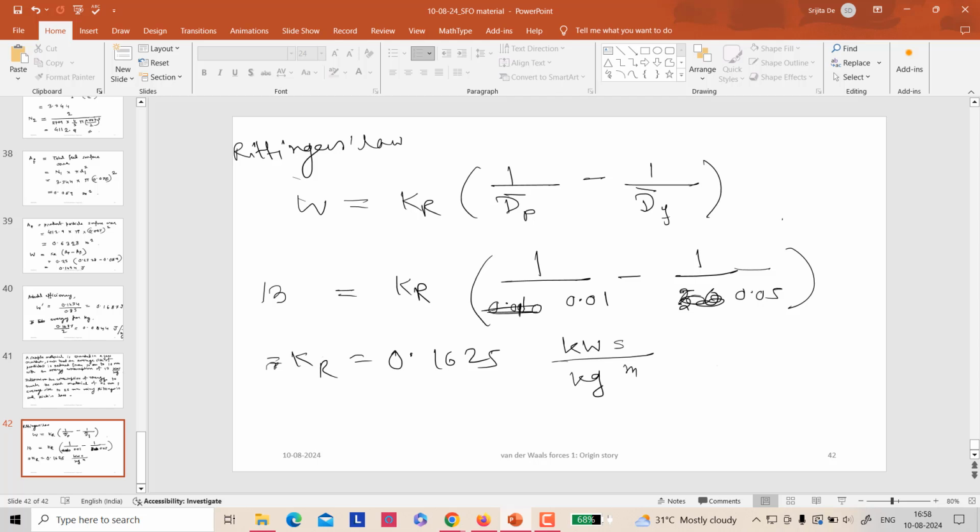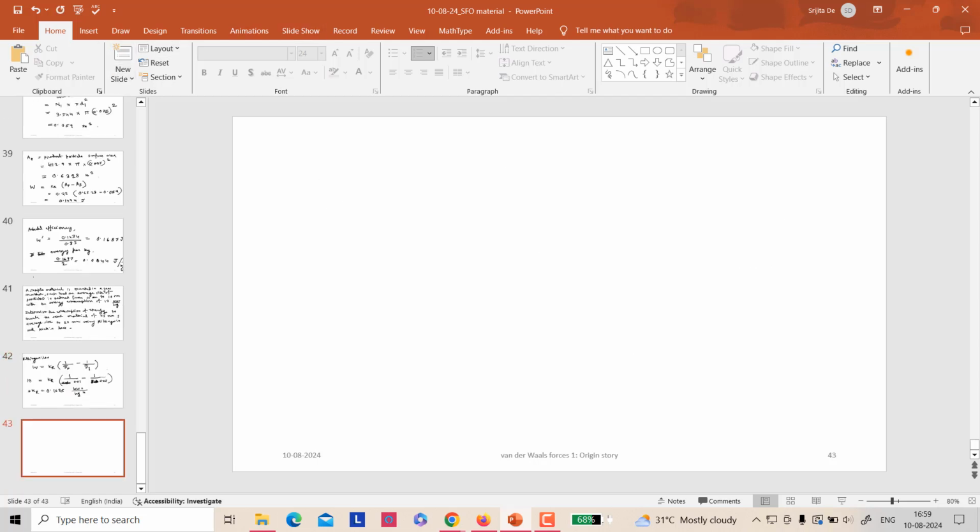So following the similar law, now we have to calculate the energy consumption, that is Kr, we know 0.1625.